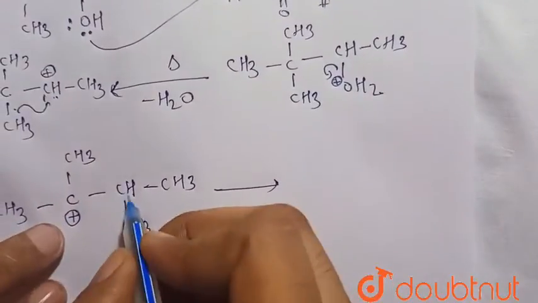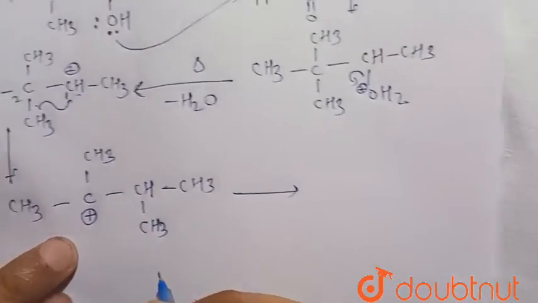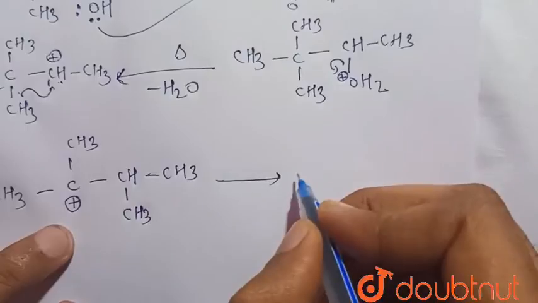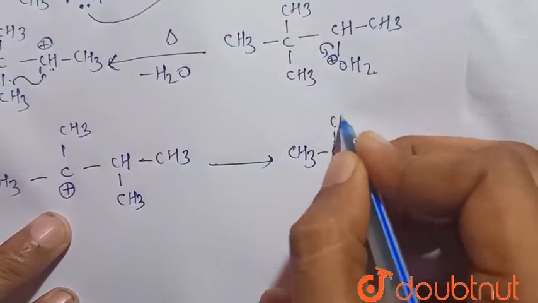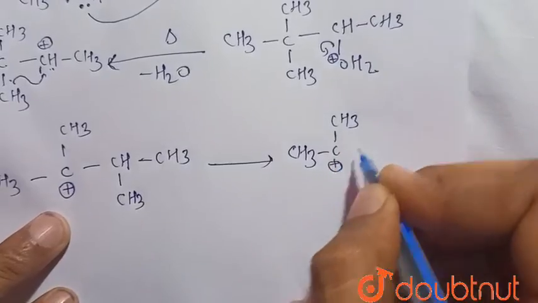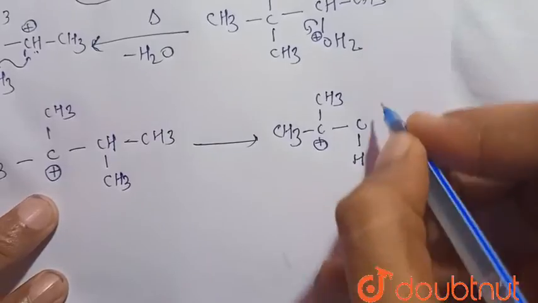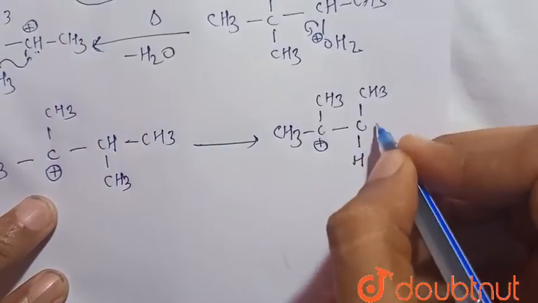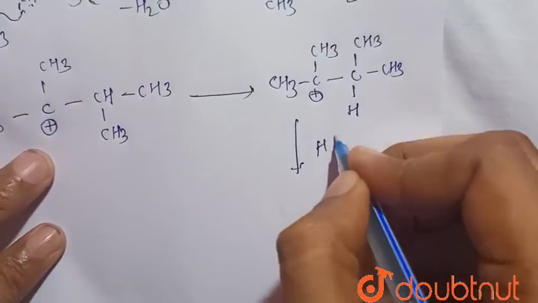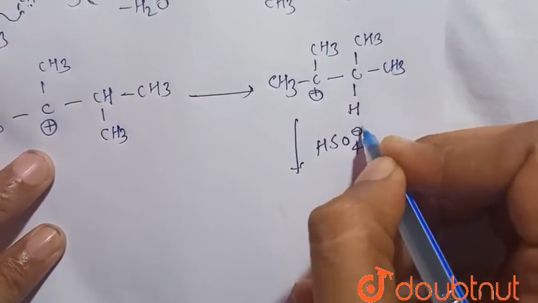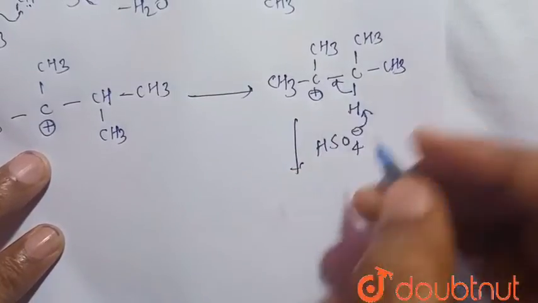Now here we can write this intermediate in this way, that is CH3 positive CH CH3. So when HSO4 minus takes this H plus, this will go here and this charge will be neutralized.